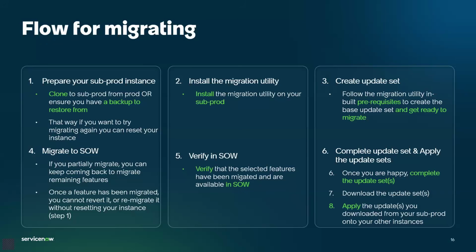Then the second step is to install the migration utility from the application manager. And then on the third step, you create your base update set, which, following the prerequisites built into the migration utilities tool, should be done automatically.